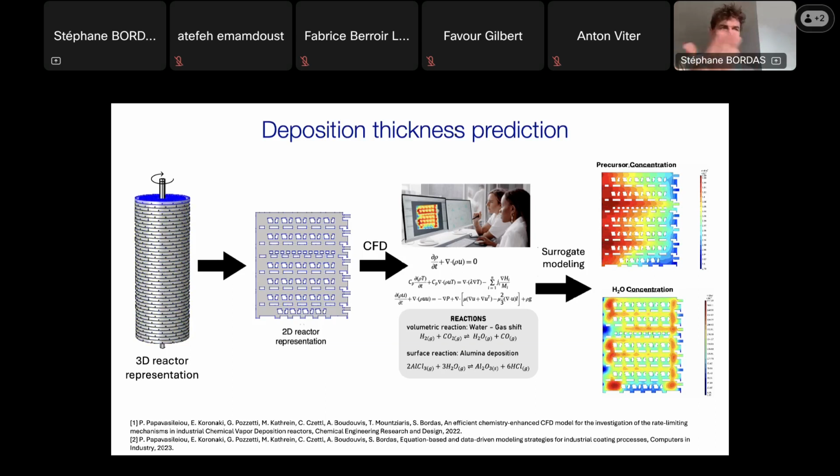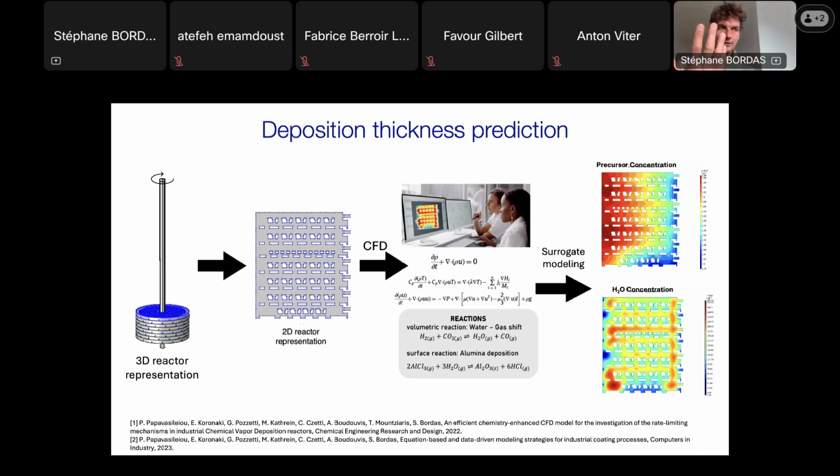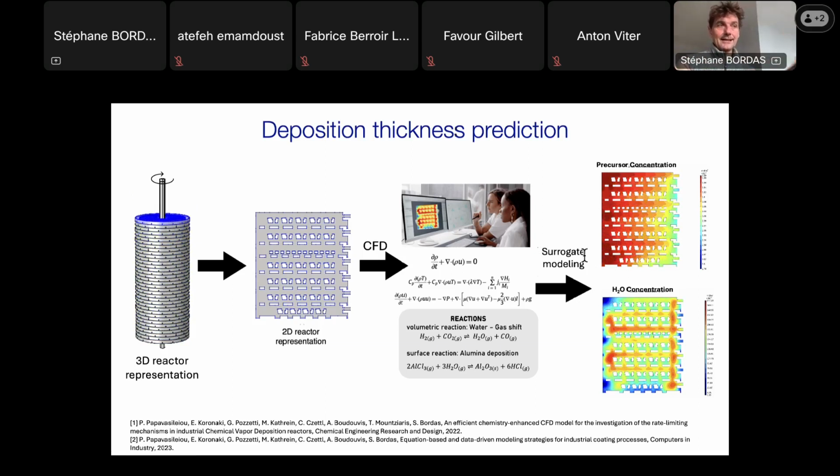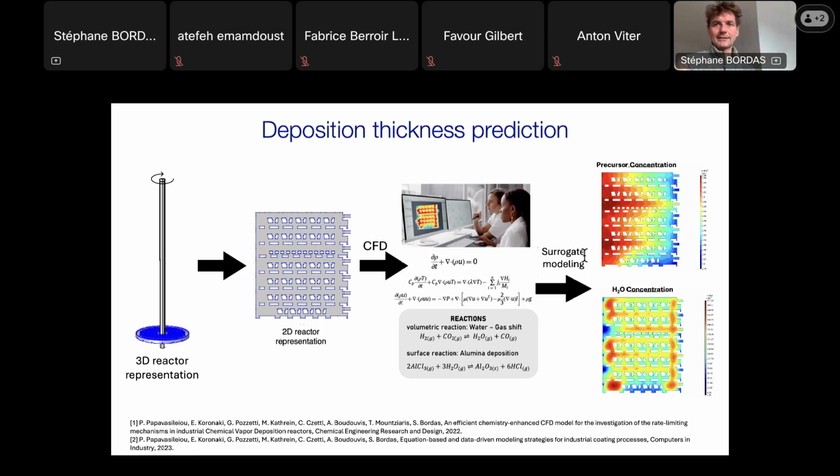So this is why I guess the word surrogate was used. I suppose surrogate simply means to replace. So you replace the model by another model. And here it turns out that this model that you use as replacement is very much faster.